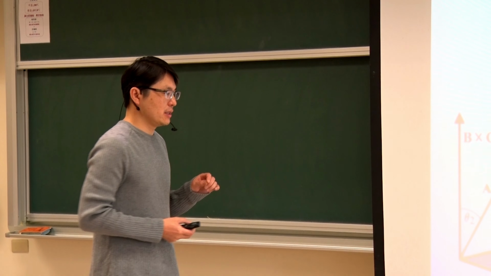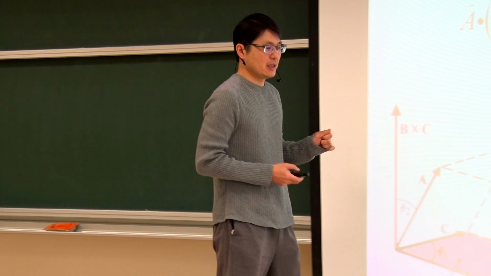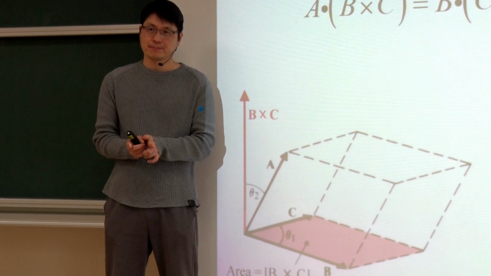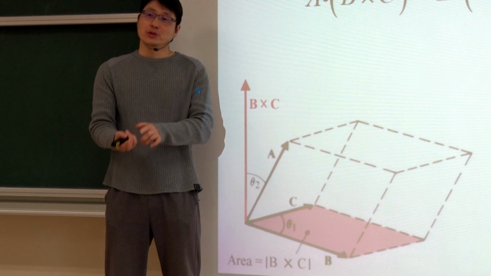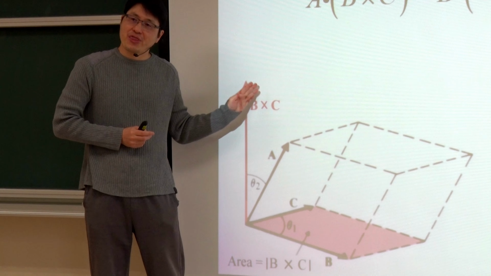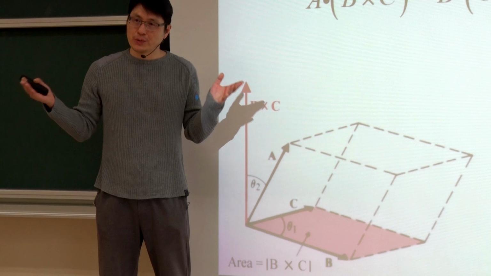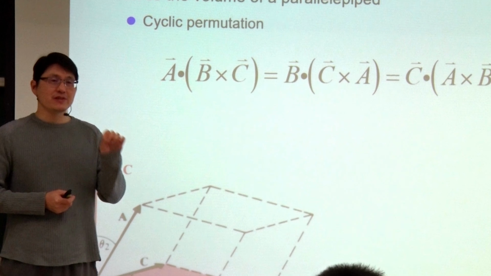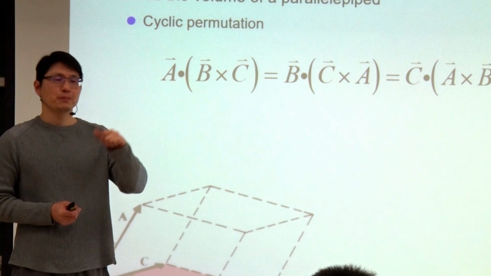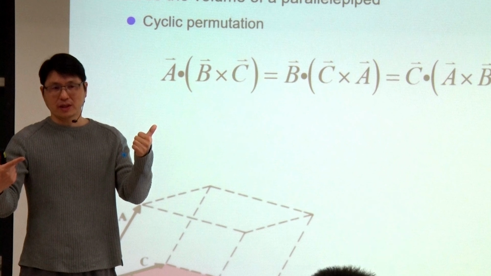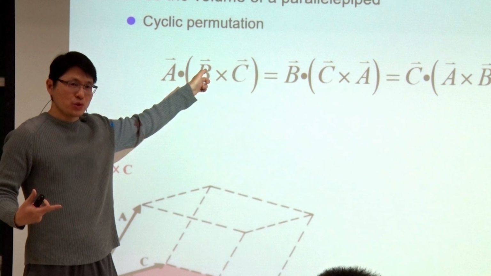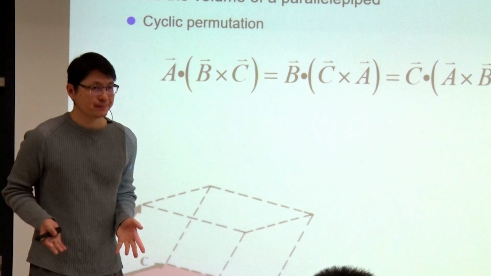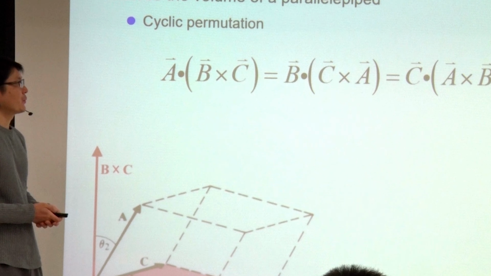So the physical meaning of cross product is to find the surface encompassed by two vectors. And then you project onto a third vector, you find the volume. So this is really giving you the physical meanings: dot product, projection; cross product, finding the surface; scalar triple product, finding the volume. Right?